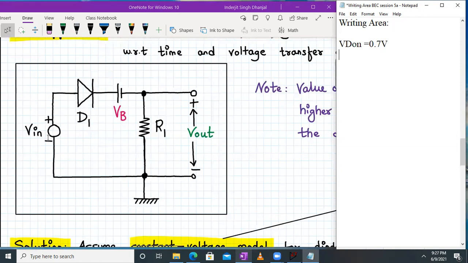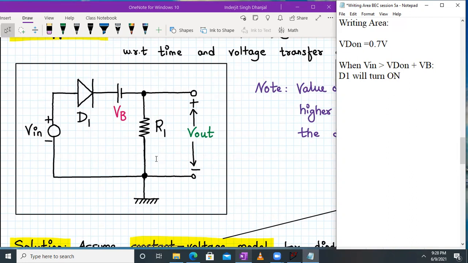That means that much extra voltage has to be applied to the diode to turn it on. So we can say that V in has to be greater than VD on plus VB. Then only the diode D1 will turn on.